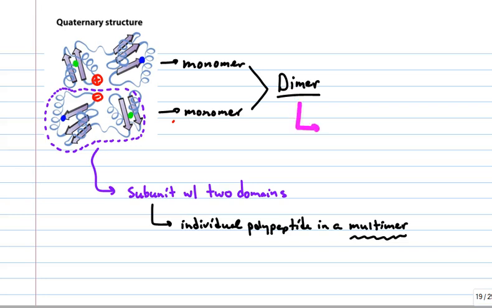If you have a dimer, you are going to have what we call two subunits. And the number of subunits is just the number of monomers. Let's see if I can write that a little bit better.